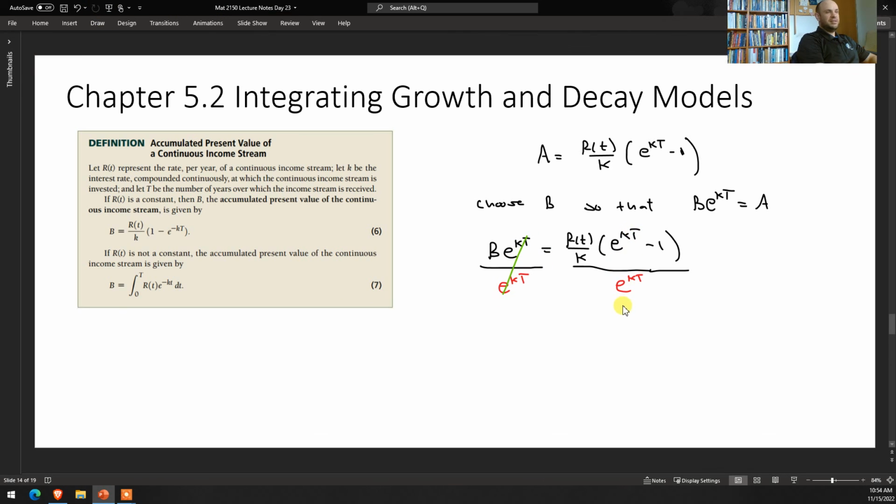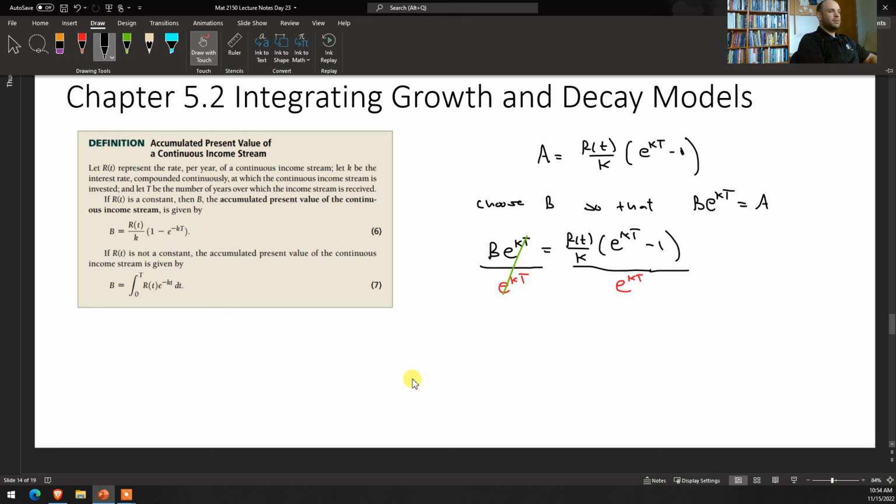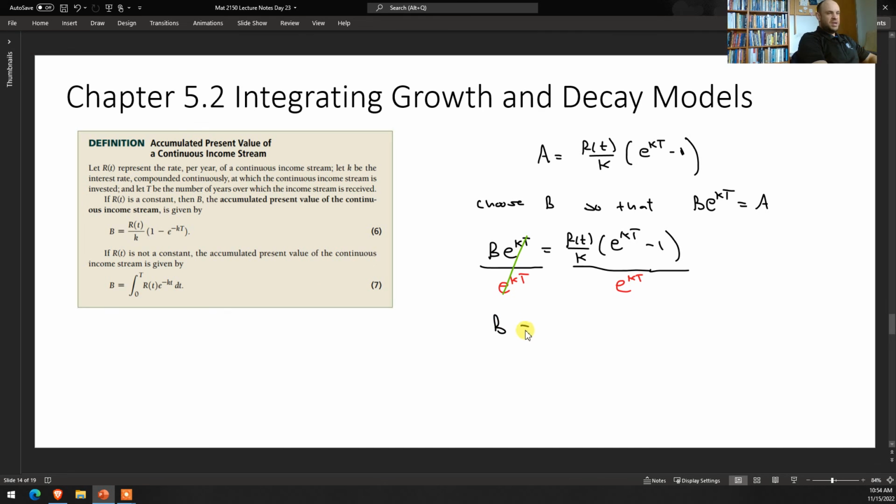We also get a cancellation here, but we'll need to account for that term. Let's write it carefully. So we have B is equal to R of t divided by k times e to the kt over e to the kt minus 1 over e to the kt.